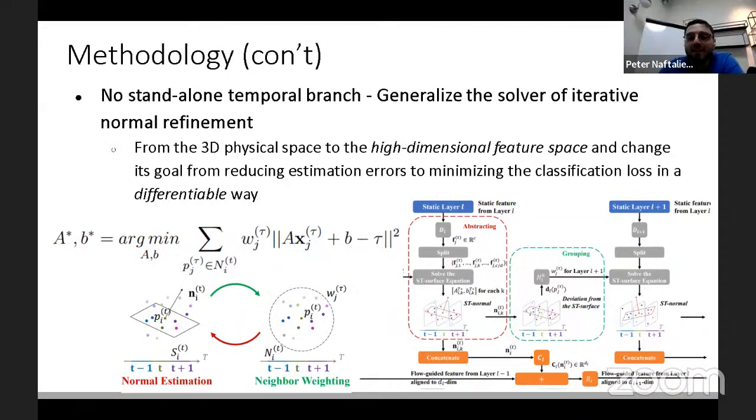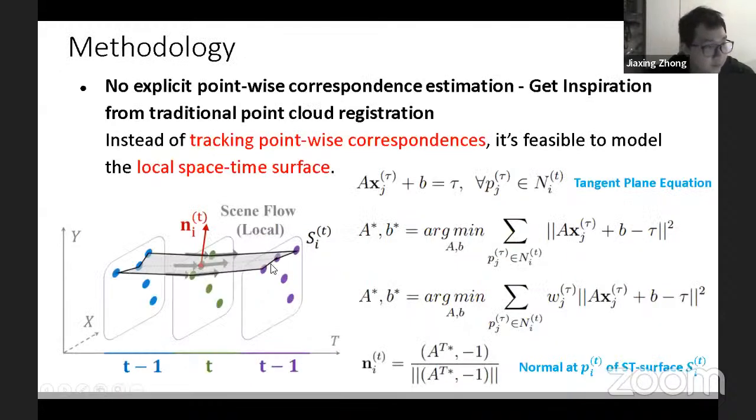Another question: what is D of L, small d of L with the gray background, in the abstracting box, the top part? This one is a 1D convolution. We have just talked about the physical domain process.